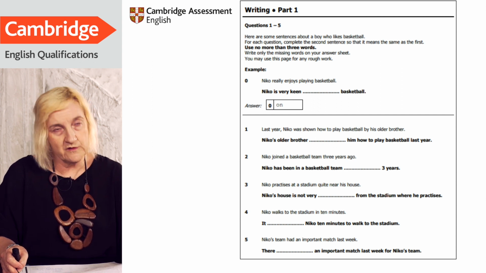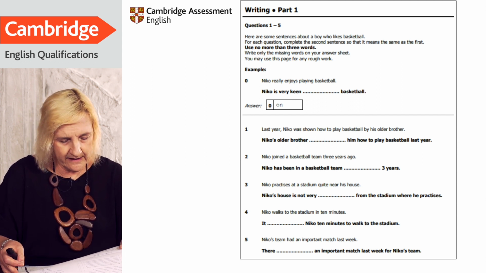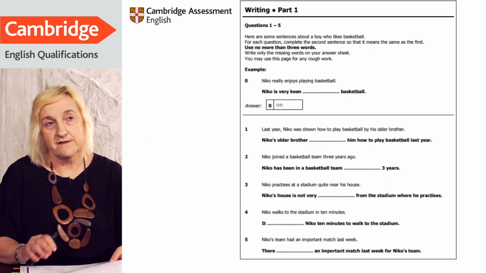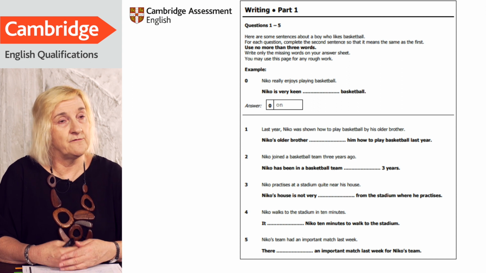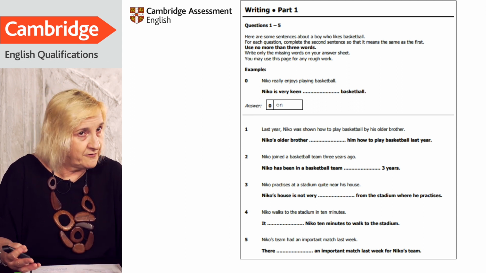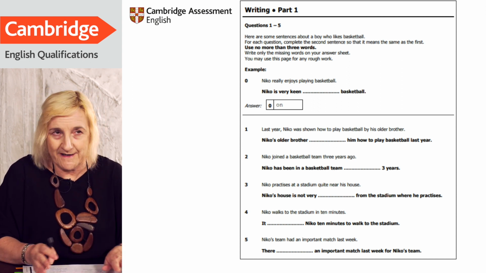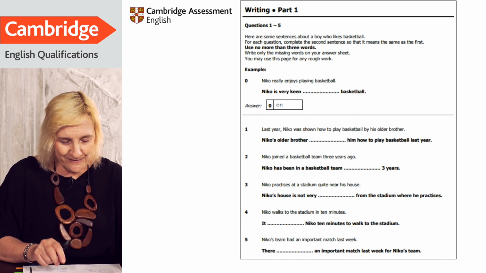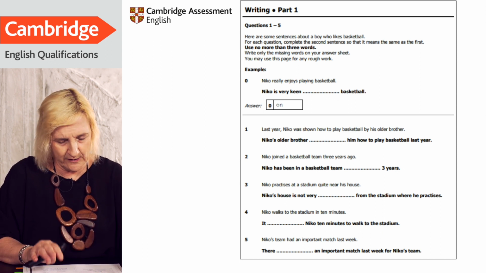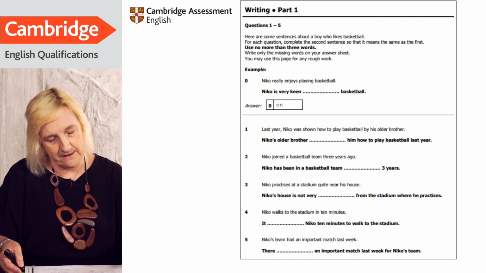It's also important to read the instructions carefully, and we'll see that it says there are no more than 3 words. So even if a student writes an answer which has more than 3 words and it's correct, unfortunately, it will be considered wrong. They do need to pay attention to the fact that they mustn't use more than 3 words.